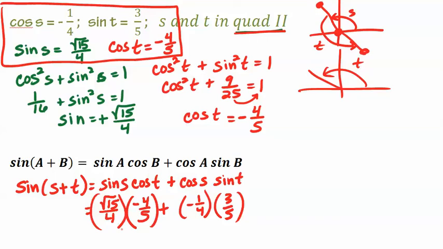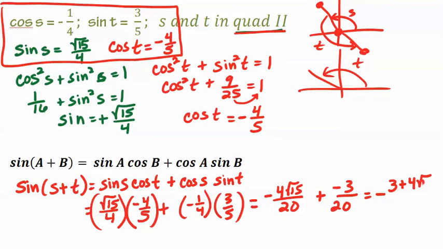And now we've got to do some arithmetic to clean this up. So we'll have negative 4 square root of 15 over 20 plus negative 3 over 20. We have our common denominator, so we can put these together, and notice that they're both negative, so you don't have to, but you could factor that negative out in front.